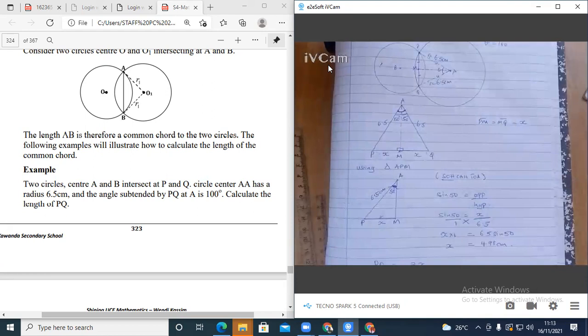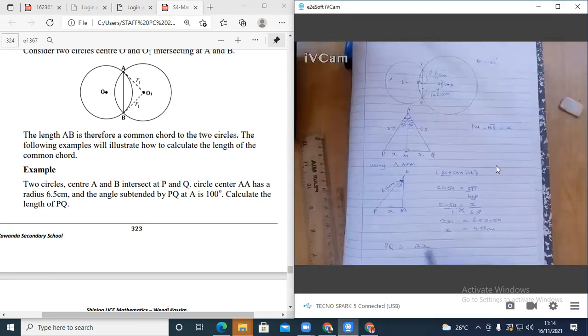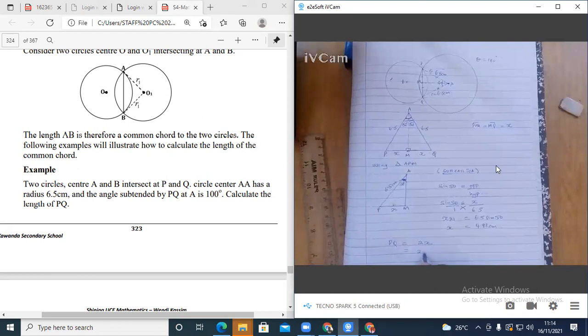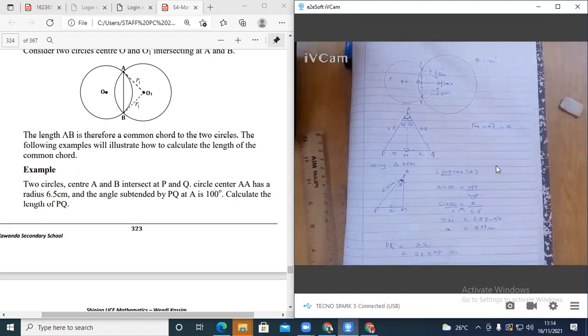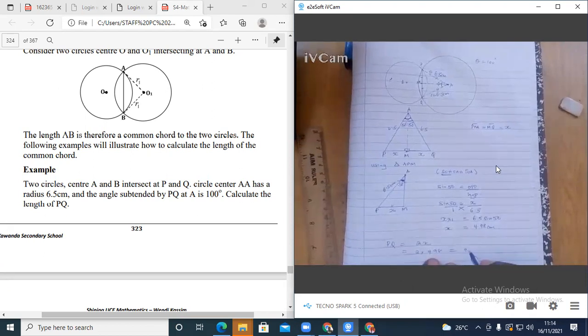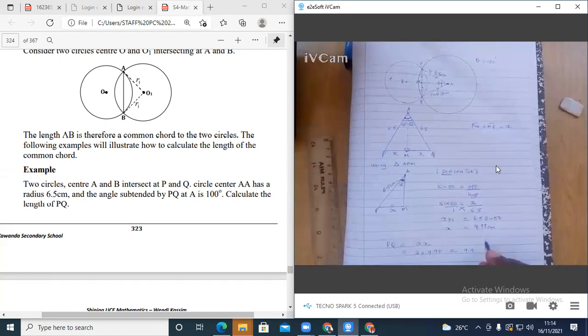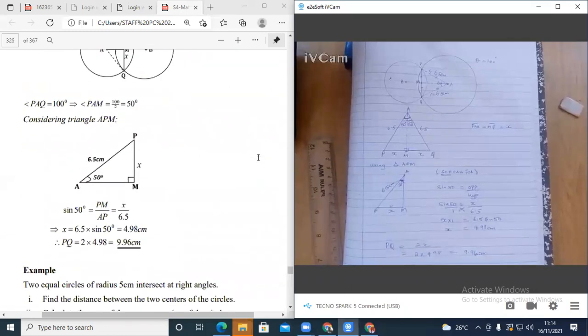So if PQ is twice X, then we can find the value of PQ, which is going to be 2 times 4.98. And what do you get? 9.96 centimeters, which is almost 10 centimeters. Oh, we have the same thing, so you can see it is 9.96.